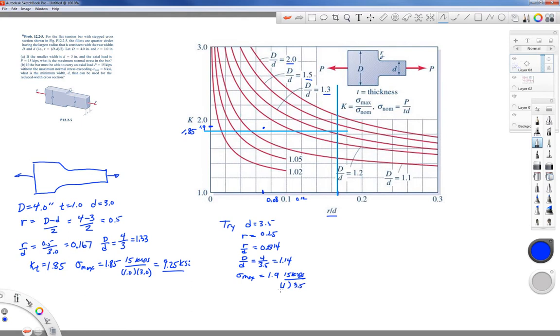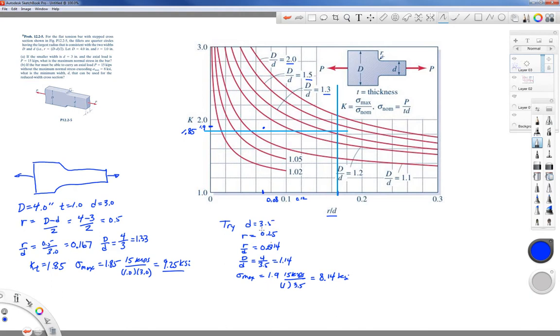So let's see what we get. I get 8.14 ksi. Okay, we're still a little bit high. Still a little bit higher than where we want to be.